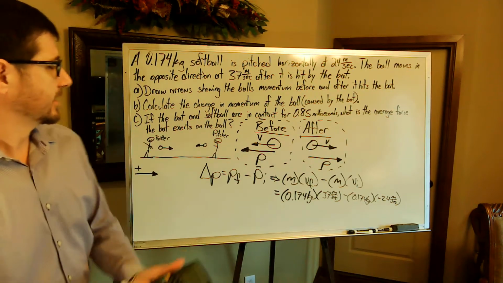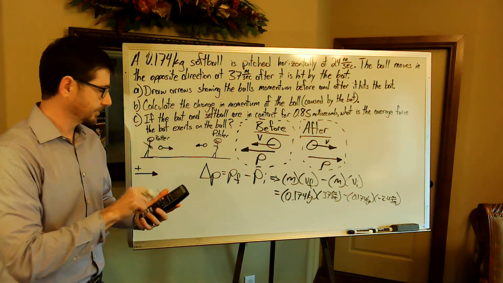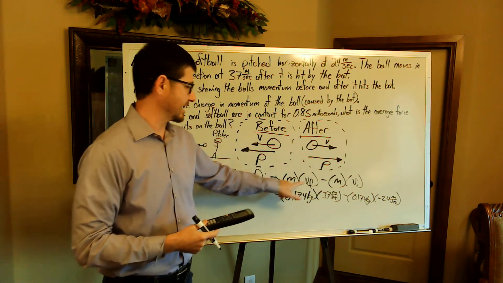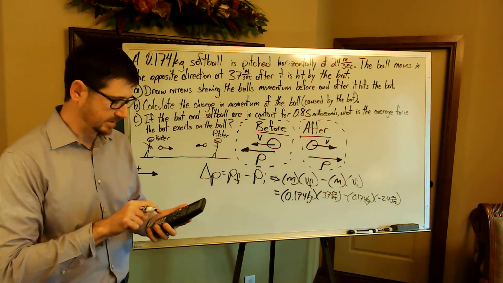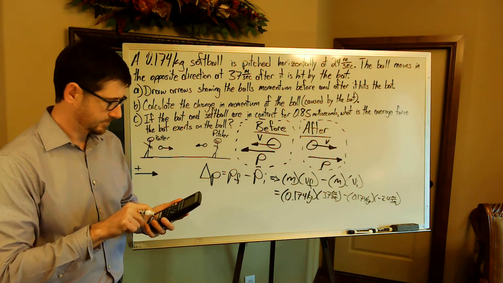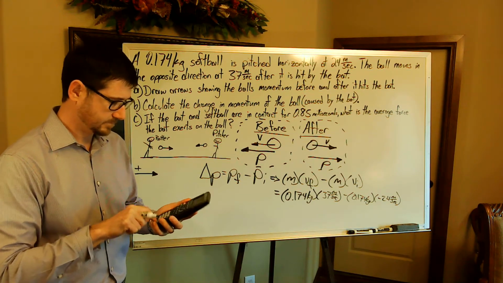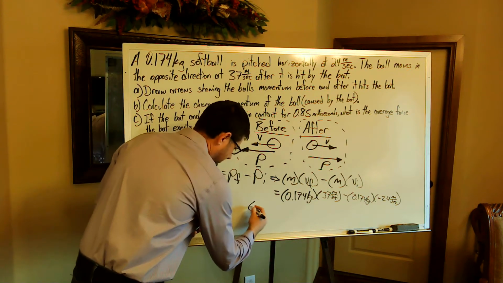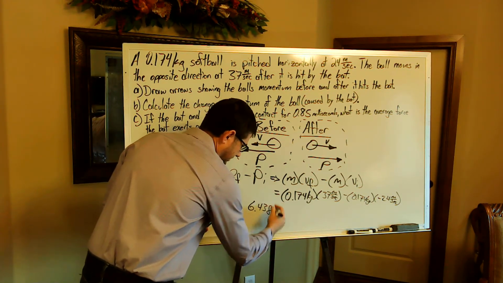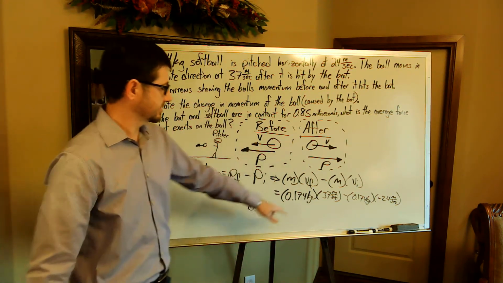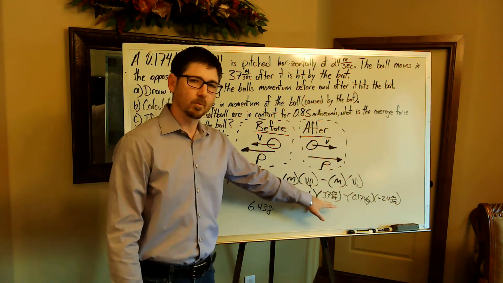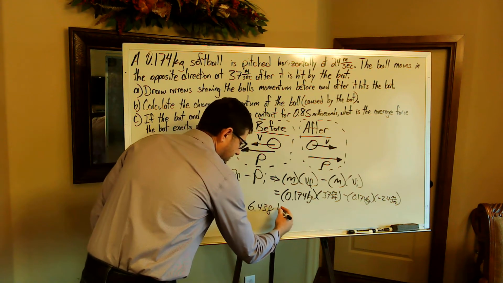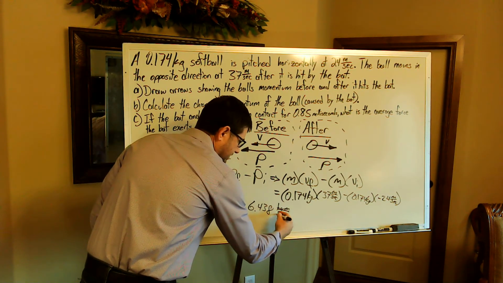Go ahead and get out your calculator, and we're going to take the product of the mass and the final velocity. This is going to be 6.438. Now let's take a look at our units. I have kilograms multiplied by meters per second, so we're going to have units of kilogram meters per second.